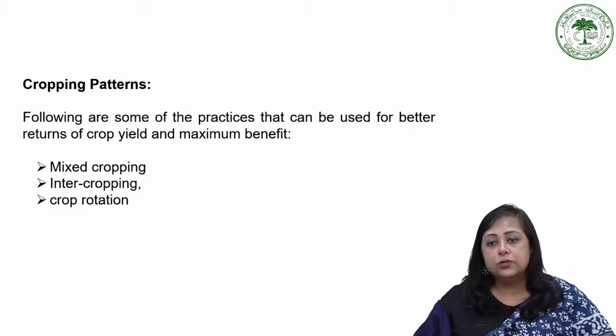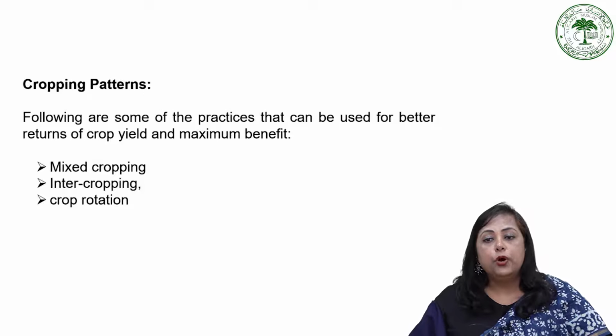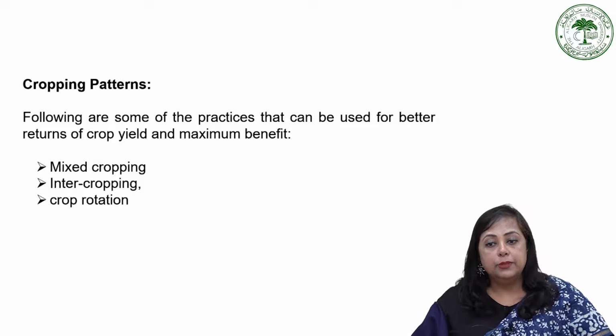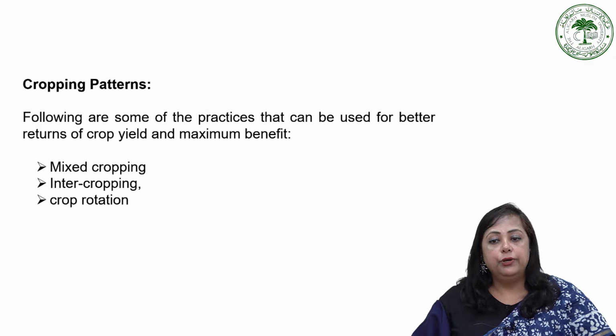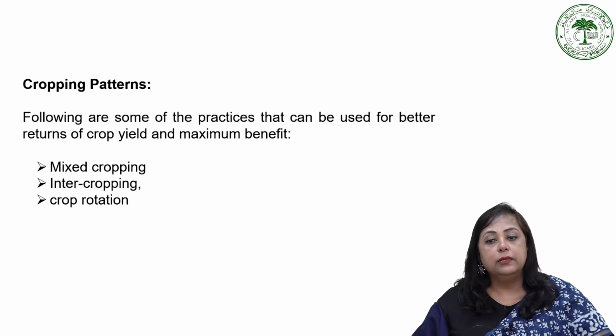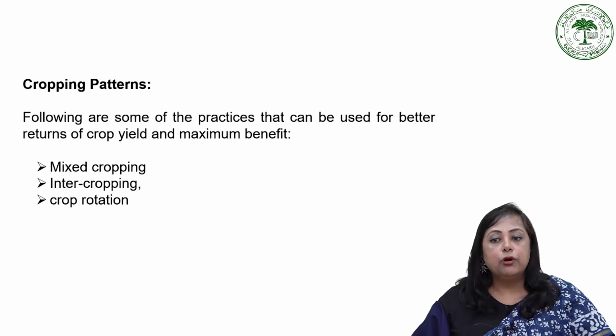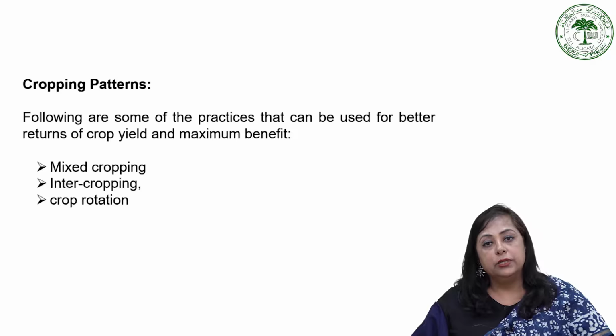Mixed cropping: when two or more crops are grown on the same land simultaneously, it is known as mixed cropping. For example, growing wheat and gram on the same land at the same time is mixed cropping. This practice minimizes the risk of failure of one of the crops due to abnormal weather conditions. The second is intercropping.